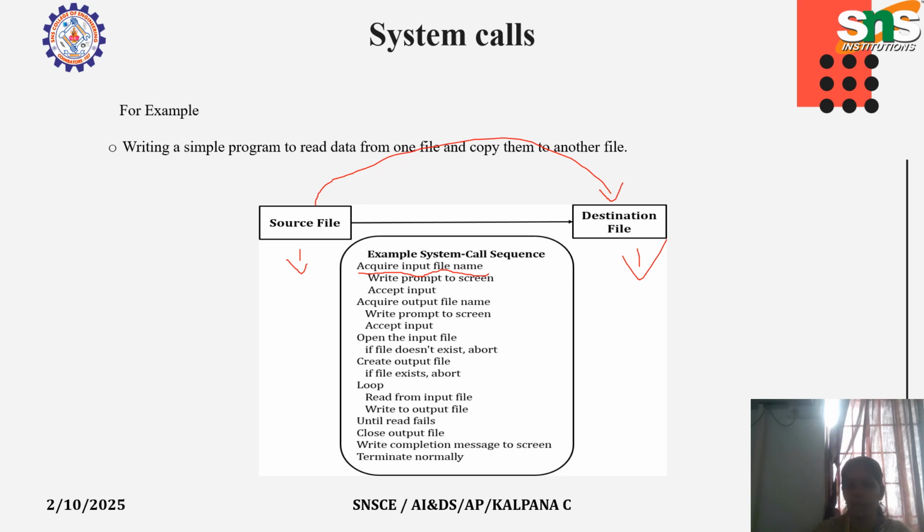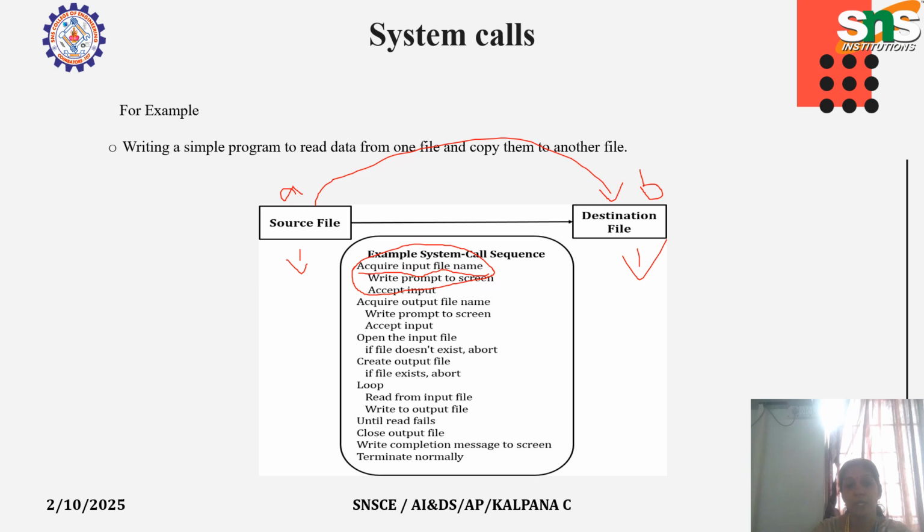From where to where I have to copy, that detail I have to give, right? So first we have to get the input file name from the user. Let's say this is A and this is B.